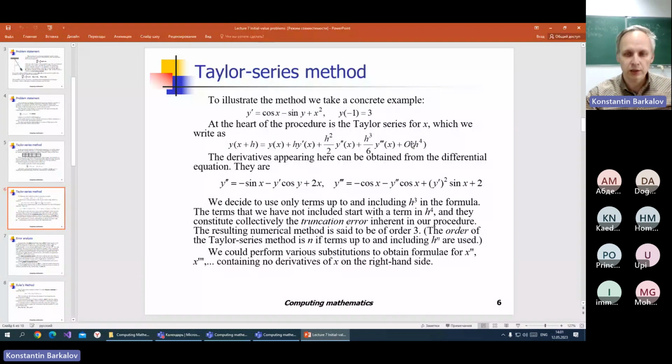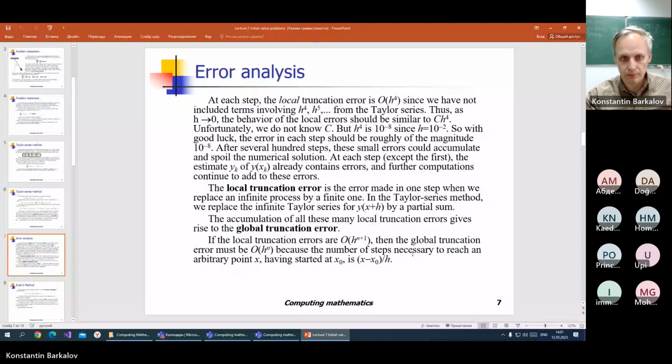So we truncate the terms of order h power 4 and larger. And the accumulation of these many local truncation errors gives rise to the so-called global truncation error.